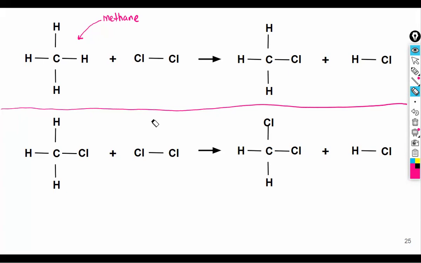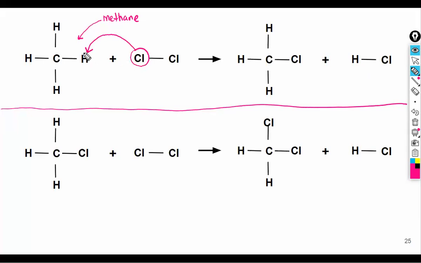Now, here's what's going to happen. You have two chlorines here, and you're mixing it with methane. What's going to happen? One of these chlorines is going to kick out one of the hydrogens. It doesn't matter which hydrogen.